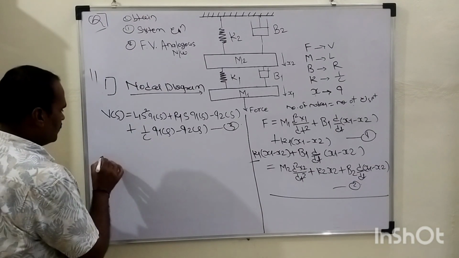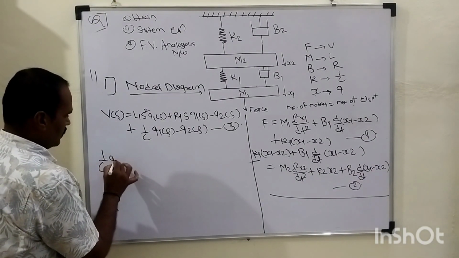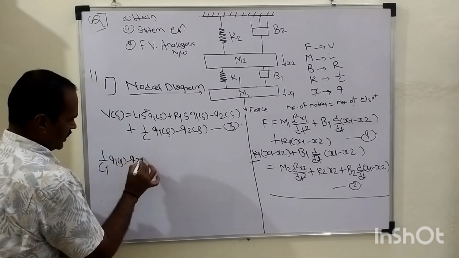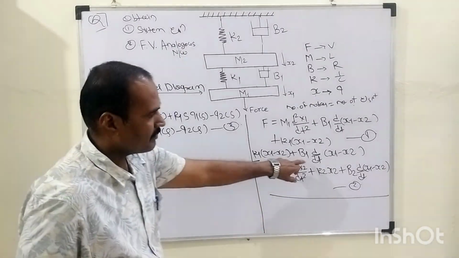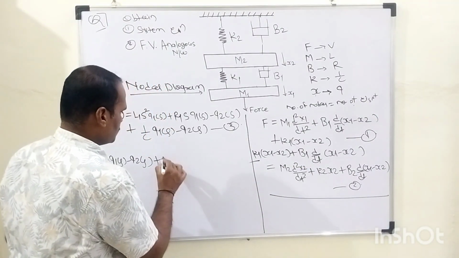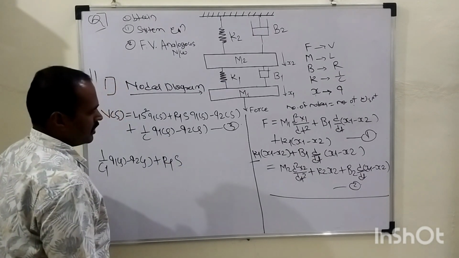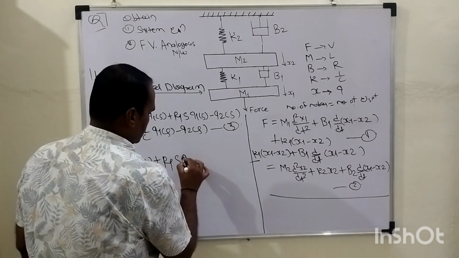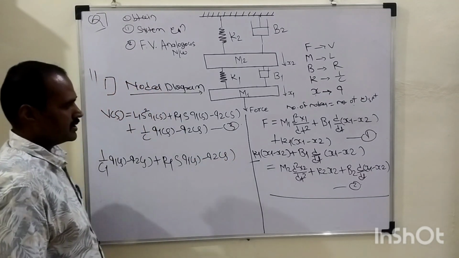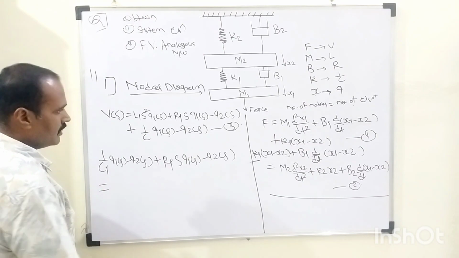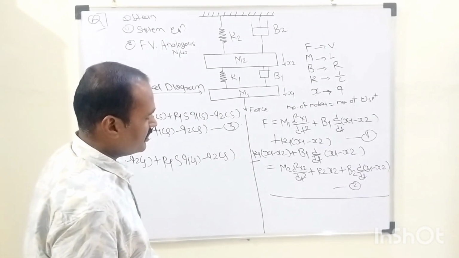K is nothing but 1 over C. So it will become 1 over C into Q1 of S minus Q2 of S plus B, which is nothing but the damper denoted by R. So it will become R1, as it is a first order differentiation, so R1 S into Q1 of S minus Q2 of S equals, again three terms we need to write on the right hand side of this assignment operator.